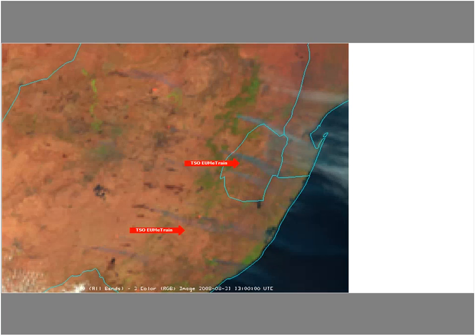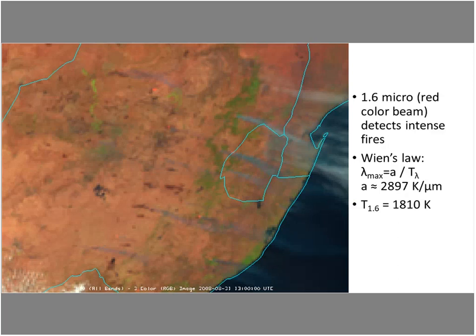And actually, why do we see these fires, these red spots here, is that in this natural color RGB, the 1.6 micrometer channel is used, and this wavelength, by Wien's law, if you've probably read about it in some of the lectures we provided, has the most radiation at around 1,800 kelvins, and that is, let's say, 1,500 degrees centigrade, and that's for very strong fires, very hot fires.